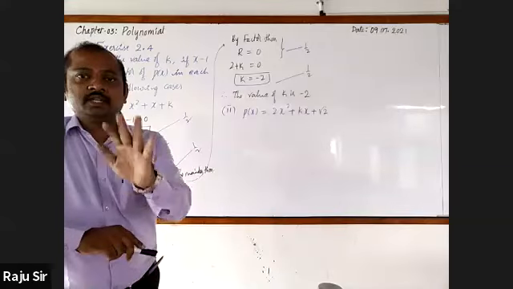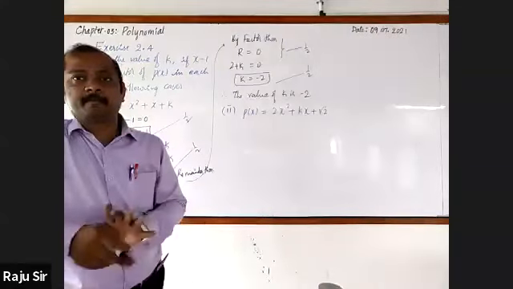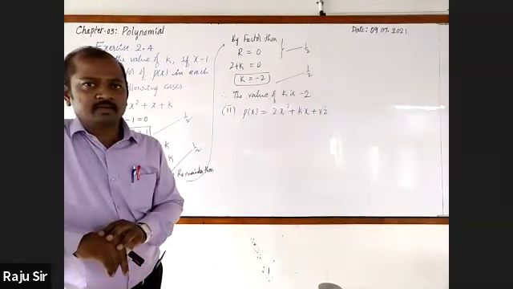K is -2 minus root 2, sir. I tell that clearly. What is the value of k? -2 minus root 2.